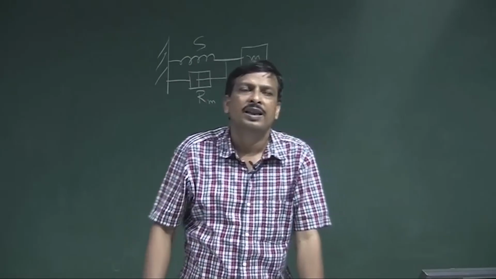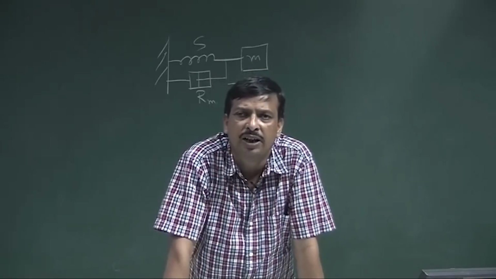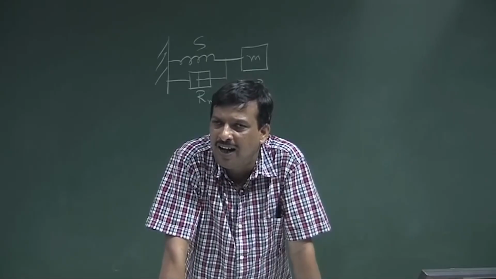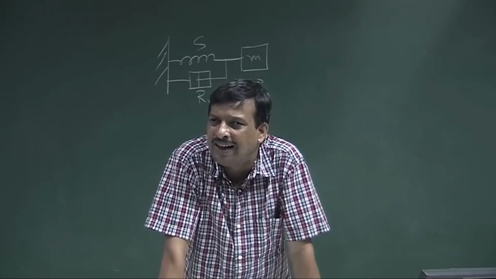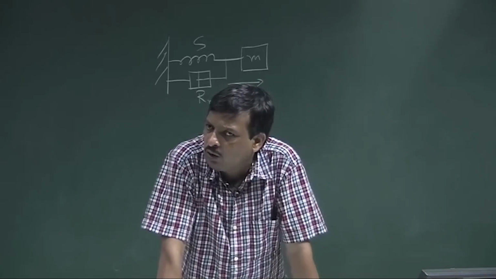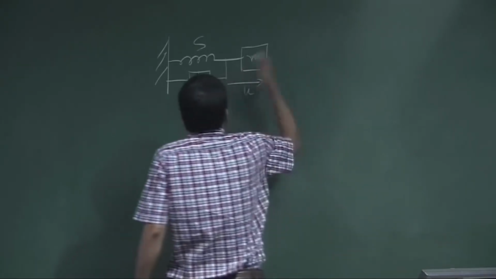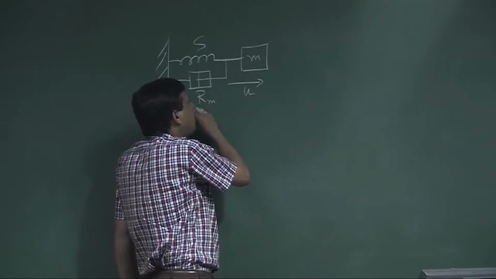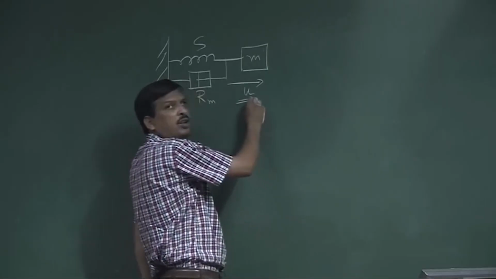So, in this circuit, what am I doing? I oppose the oscillation. That means I am applying, as if, a mechanical resistance to that motion. Okay. So, the force which is applied to oppose the motion directly stops that motion of the mass.